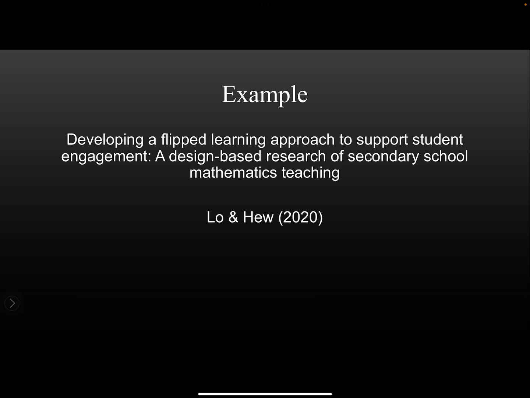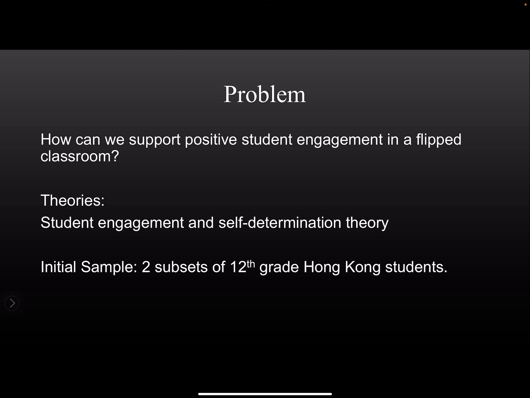An example that I found was developing a flipped learning approach to support student engagement, a design-based research study of secondary school mathematics teaching. The problem they had was: how can we support positive student engagement in a flipped classroom?